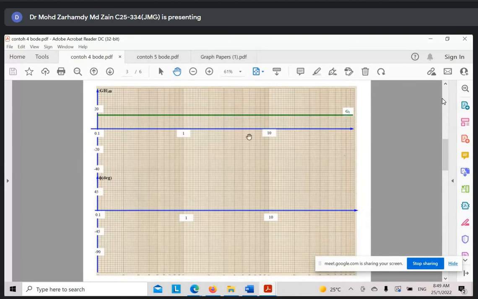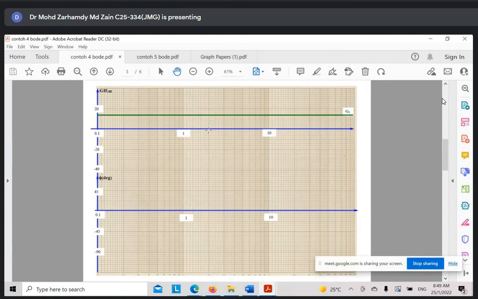So G2, we already know. G2 has its breakpoint at 2. So we have 1, 2. It will go to a negative gradient of 20. So when it is 20 here, we take 2 here. We have 2 and then negative 20.